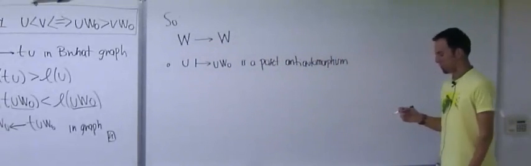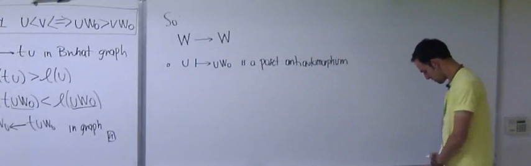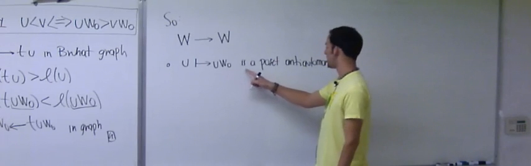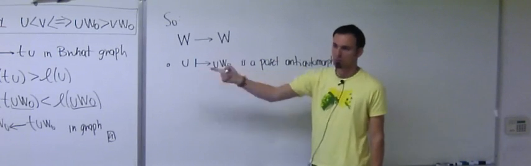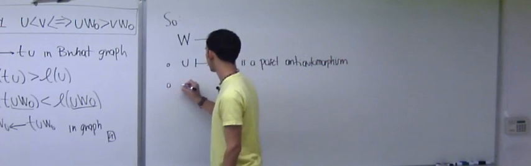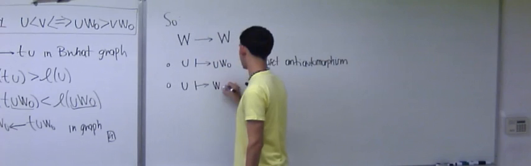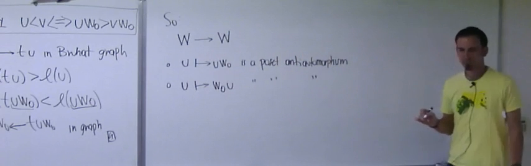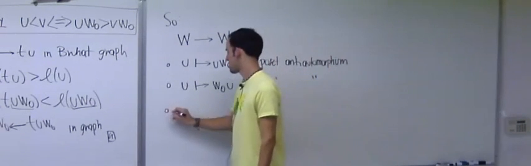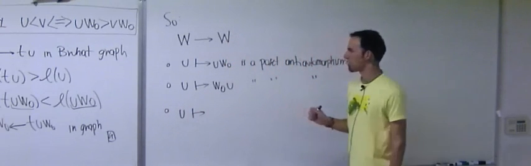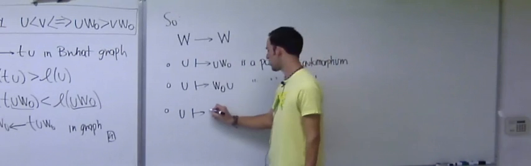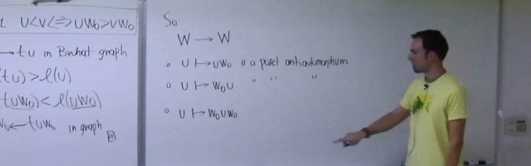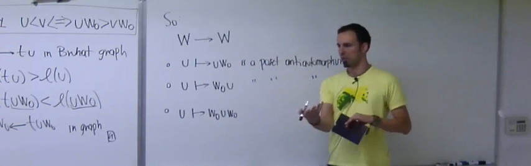Now, you can imagine that if this is true on the right, this is also true on the left. And the proof goes exactly in the same way. This is also a poset anti-automorphism. And that also means that if you consider the map from W to W, where you multiply by W naught on the left and by W naught on the right, then multiplying on the right reverses the poset, multiplying on the left reverses it again.